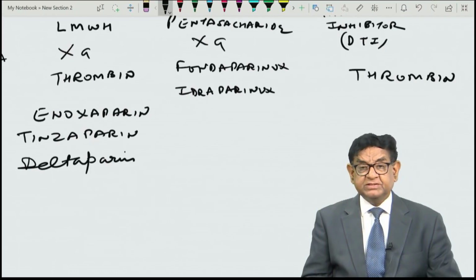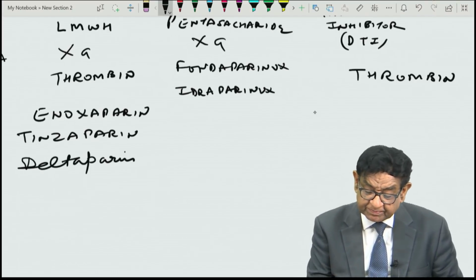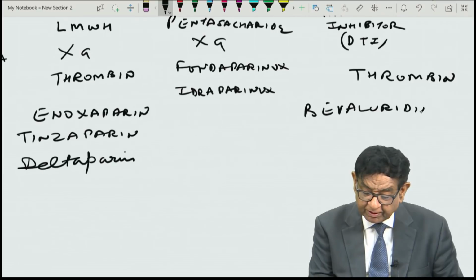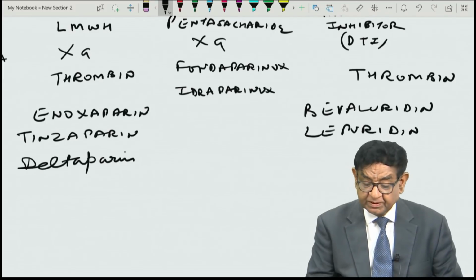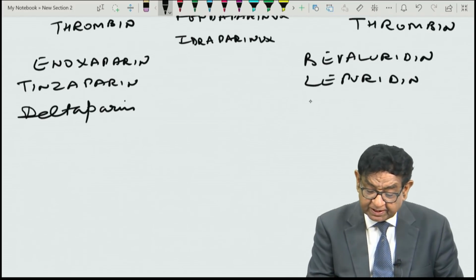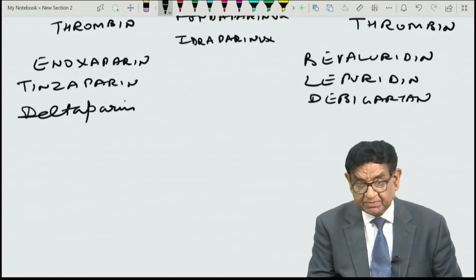Examples of this drug are bivalirudin, lepirudin, dabigatran, ximelagatran.